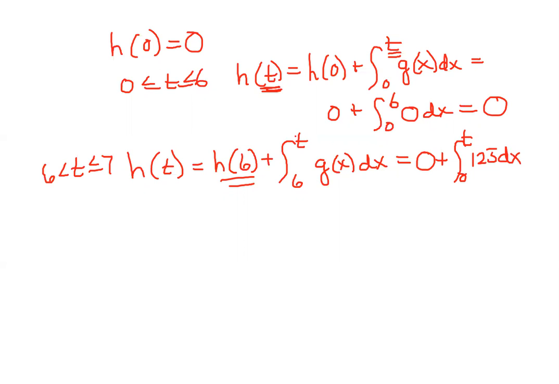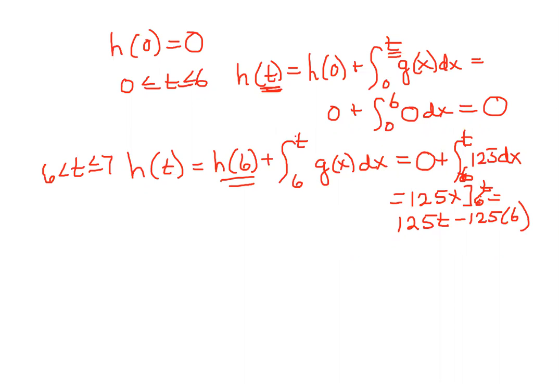The integral of that is 125x between 6 and t, which is 125t minus 125 times 6.